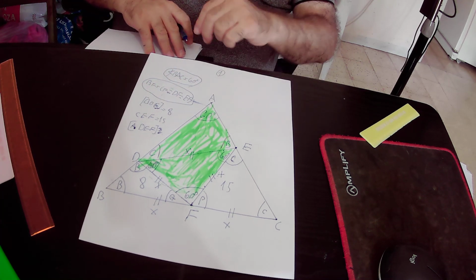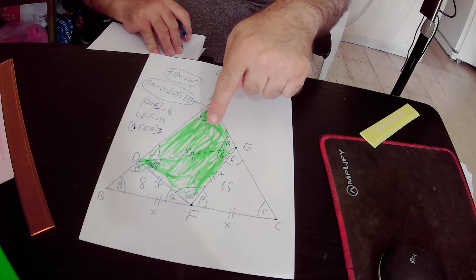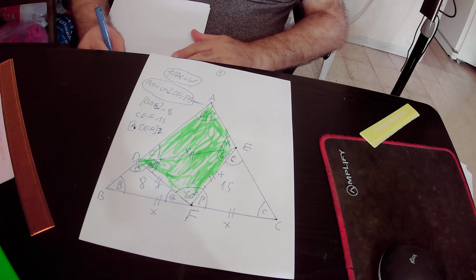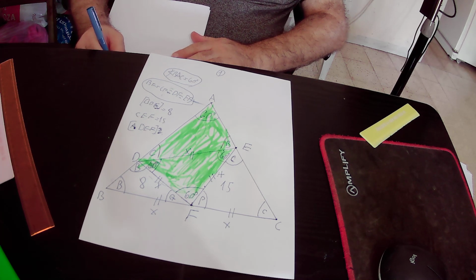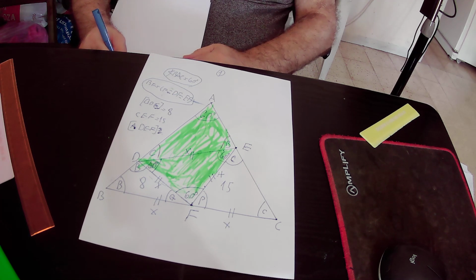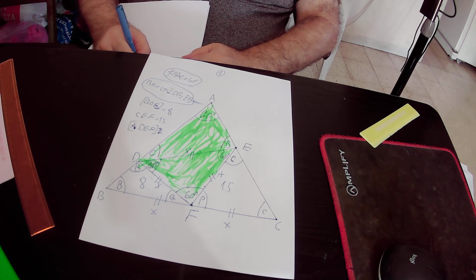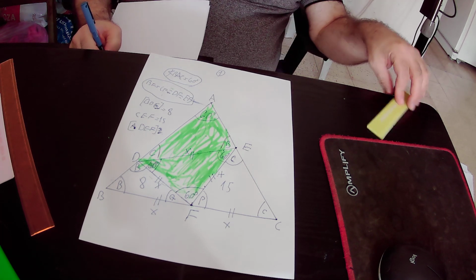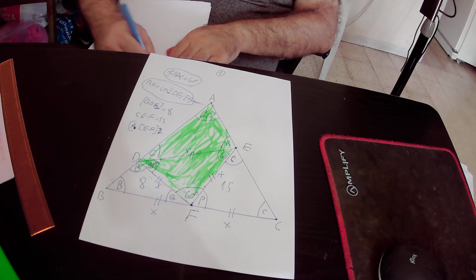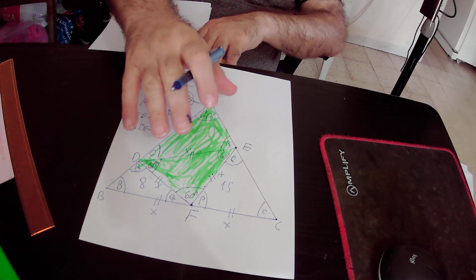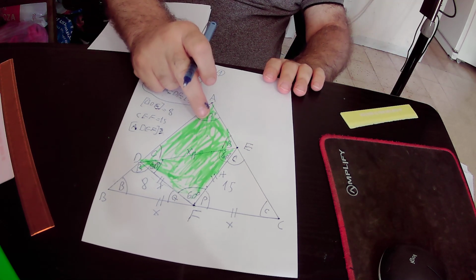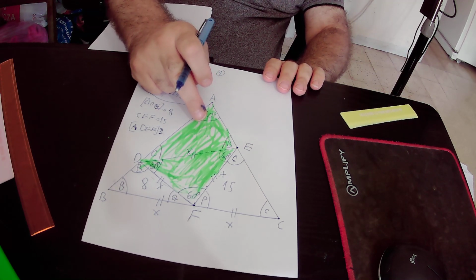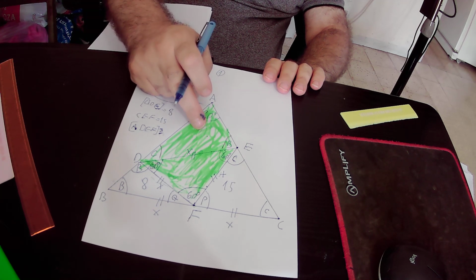So we focus on the big triangle, triangle ABC, and on the small upper green triangle, triangle ADE.